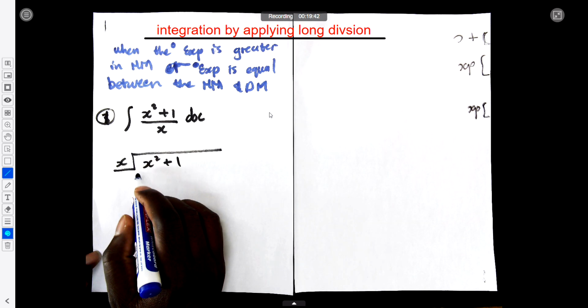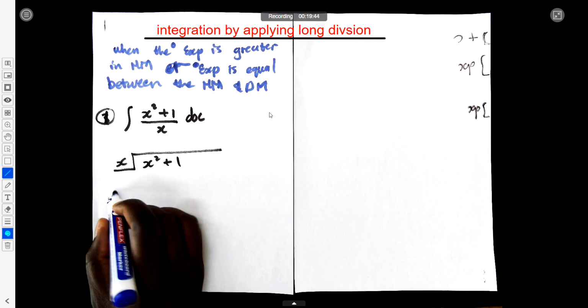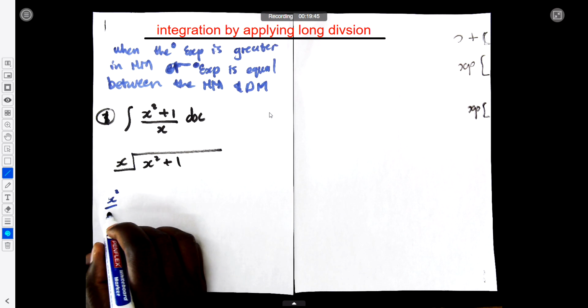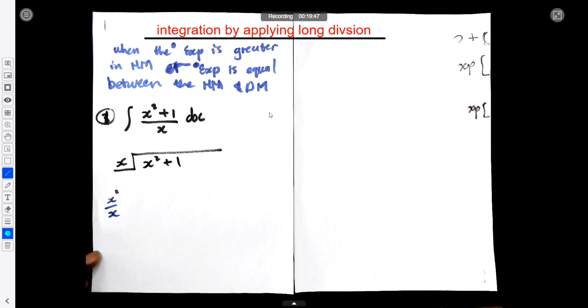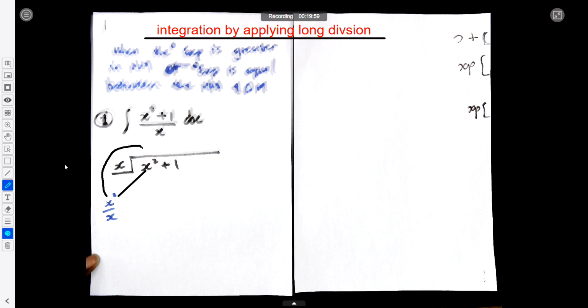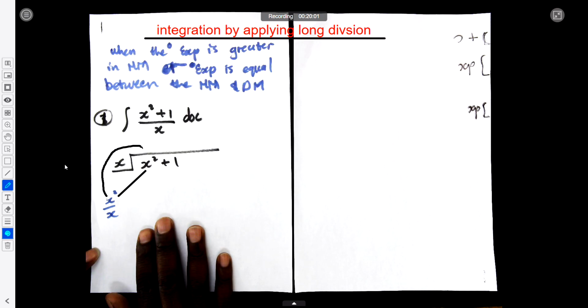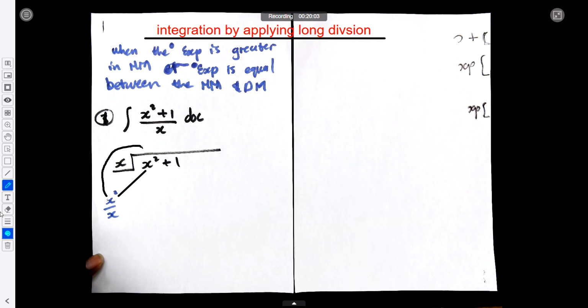We are always going to say x squared divided by the divisor, x. The first term of the dividend, you always divide it by the first term of the divisor. And when you're done, you write your answer on top of the division.